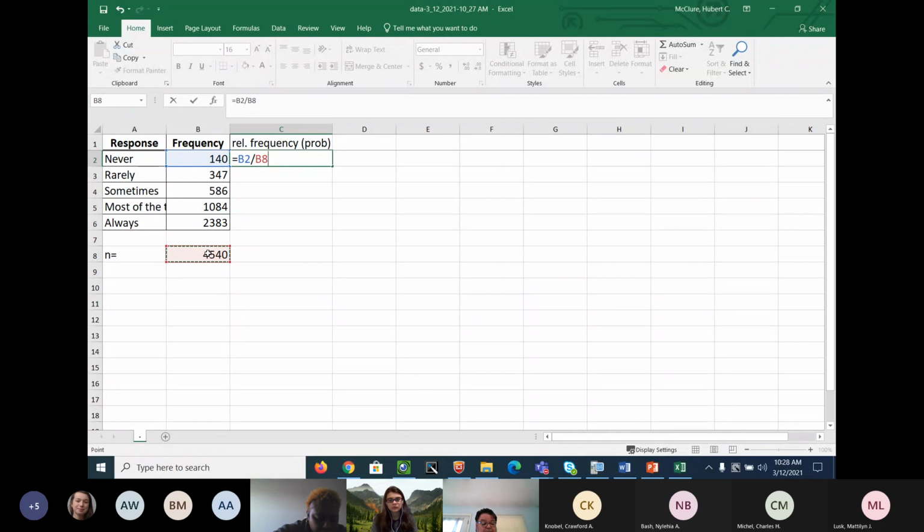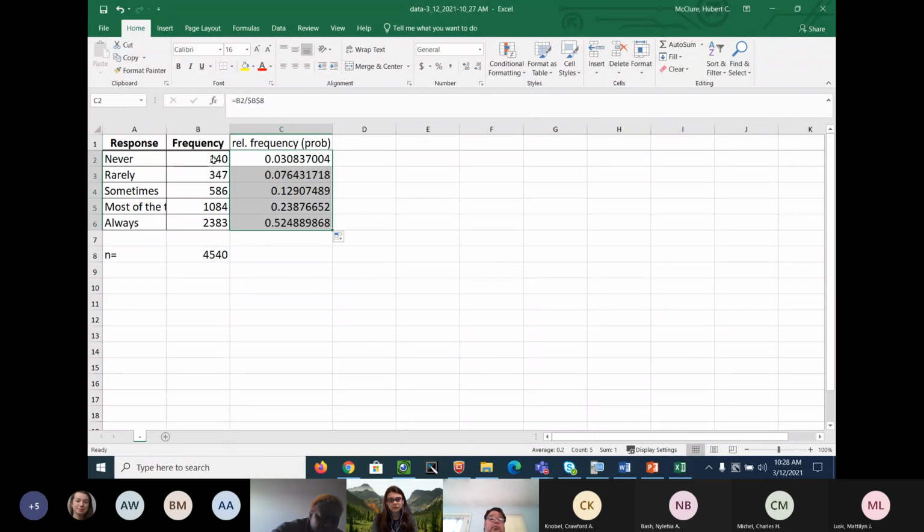Everybody do that in your calculator right now. I want you to do all these probabilities. Take the number 140 and divide by 4540 and so on. That's your probabilities, please.